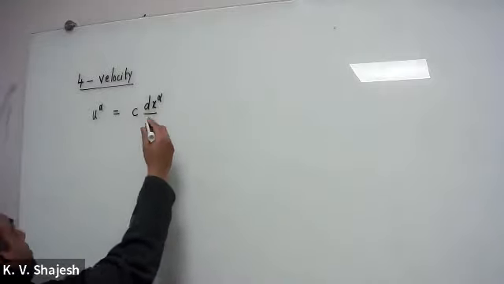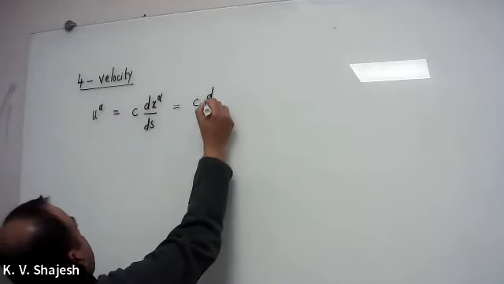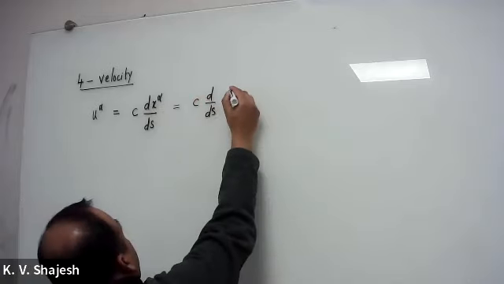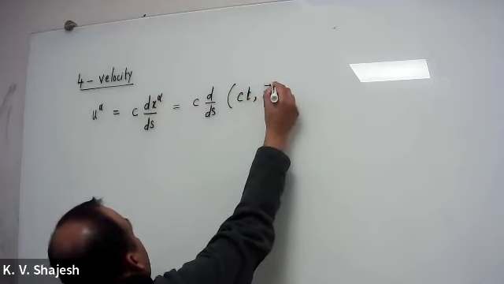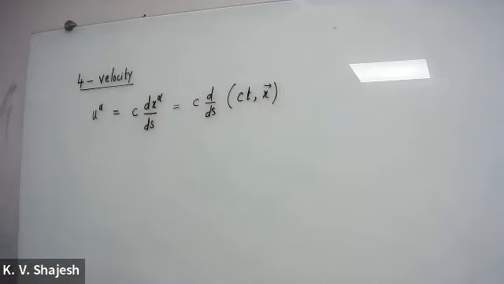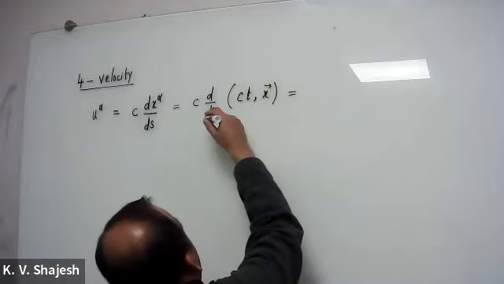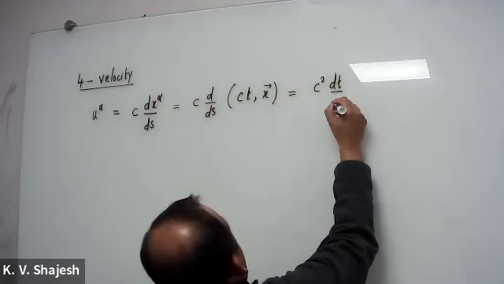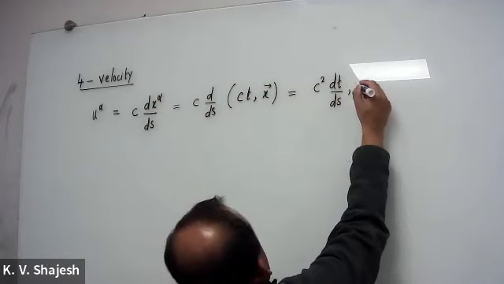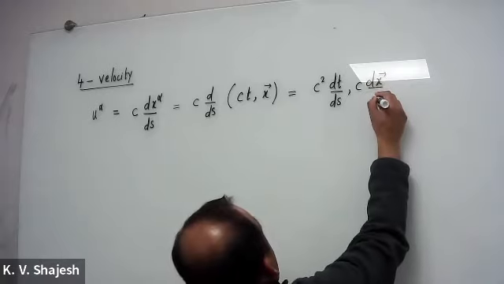That's good. So this is nothing but c times d by ds of x alpha. In our way of writing, it is ct and x. That's an explicit way of writing alpha. So what we are trying to say is, take the derivative of both. So that's c squared dt over ds, and c dx over ds.